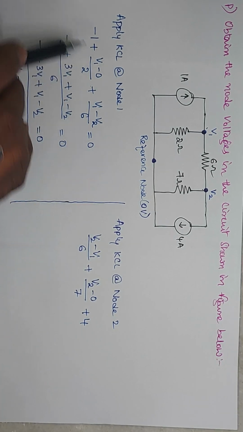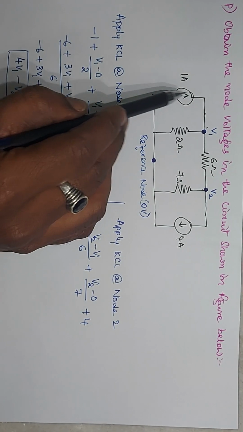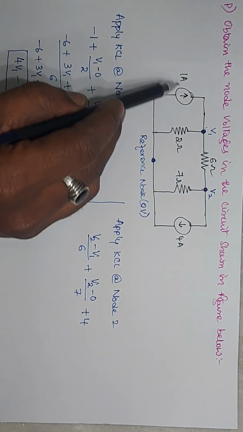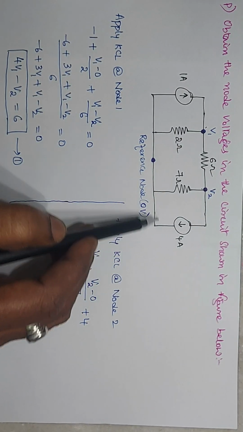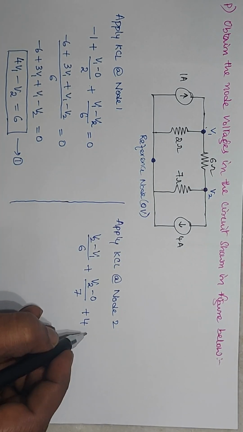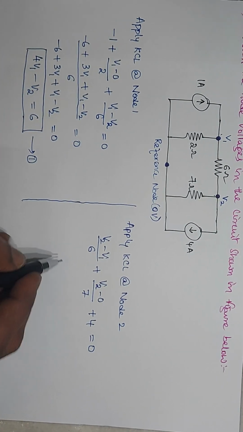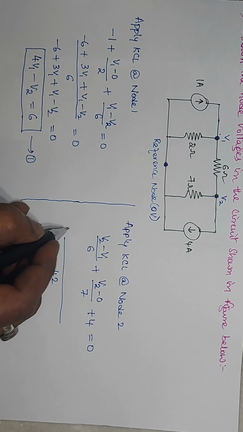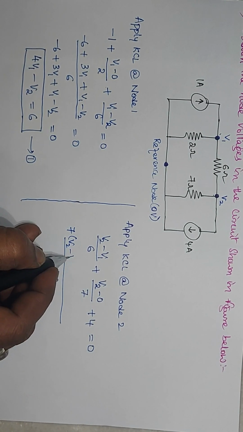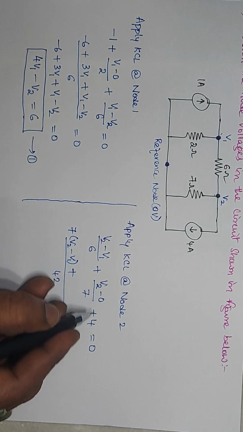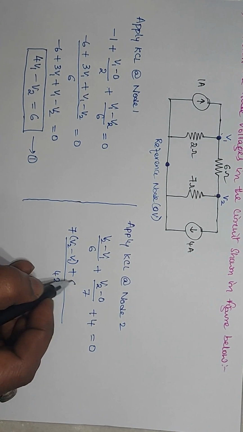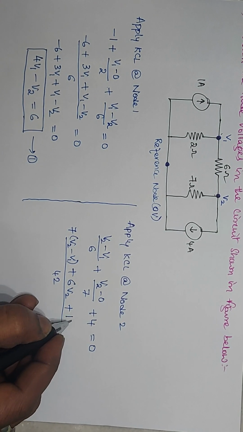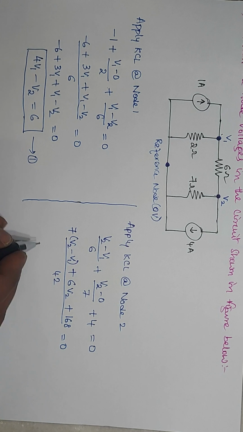Observe this one. Here the current is entering the node while writing the KCL at this node, so I consider it a negative value. Here the current is leaving, so it is a positive value, which is equal to 0. Now take the LCM. LCM is 42. So now it is 7 into V2 minus V1, plus V2 minus 0 is V2, and this is 6V2, plus 42 into 4, 168, which is equal to 0.